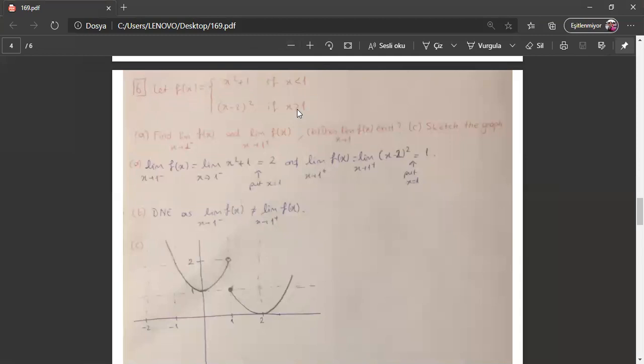Here we have the equality. Now we put x equals 1 and get minus 1 squared, which is 1. Okay, here we have this dot. So what's happening here? We know the graph of x squared, right? This is x squared.